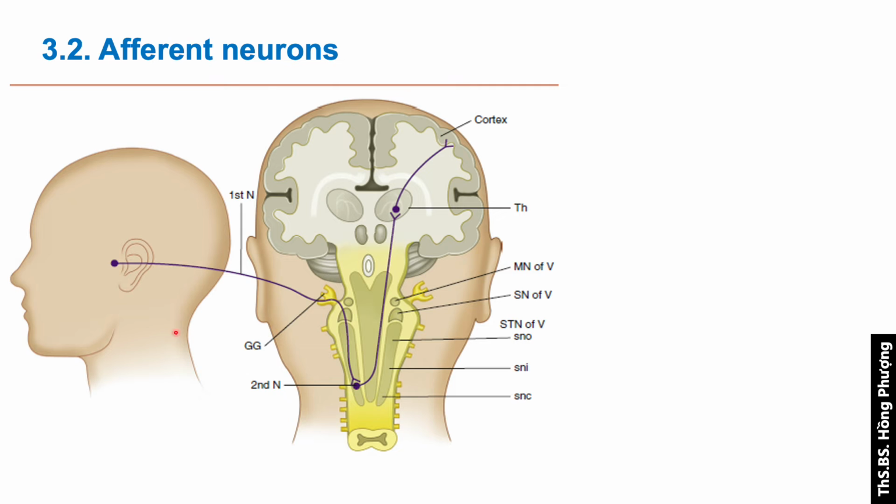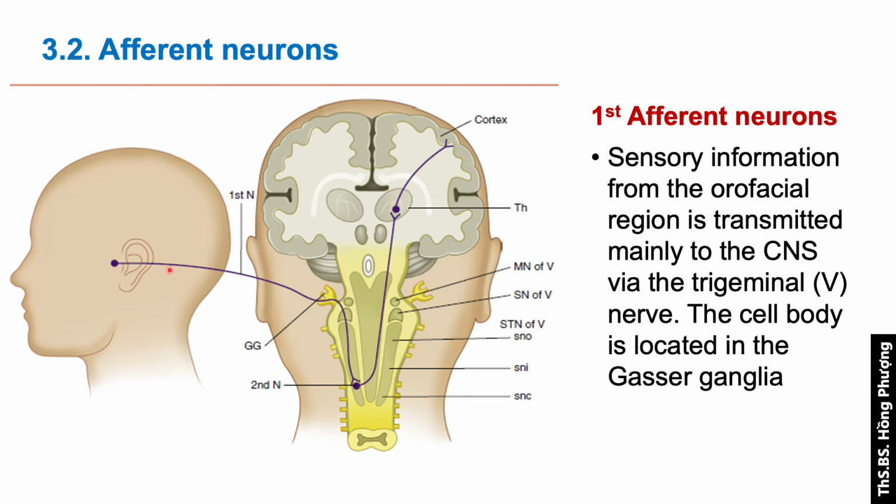Then this information will be transmitted to the central nervous system through afferent neurons. The first afferent neurons transmit the sensory information from the orofacial region via the trigeminal nerve. The cell body is located in the gasserian ganglion.